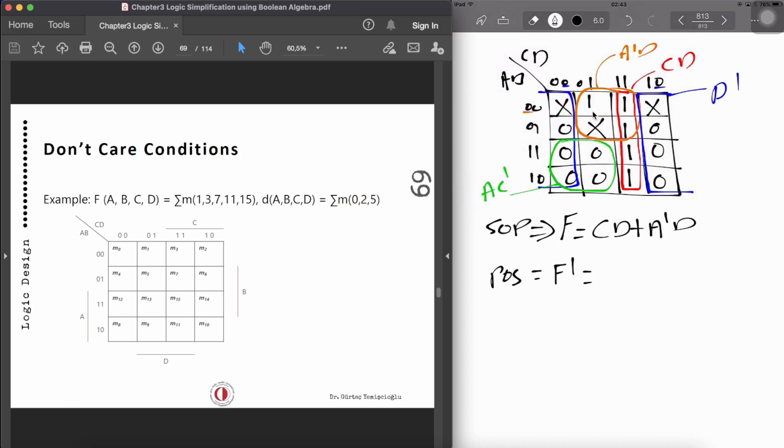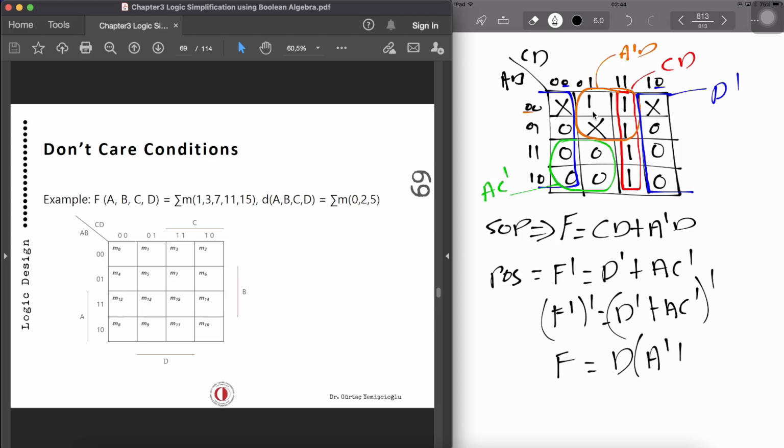So I can say that this is D prime or AC prime, and F prime prime, De Morgan of that, we will end up with F equals D times (A prime plus C), and that's it. So don't cares are similar to the other ones. You just make sure that when you look at it, you decide which ones are going to be ones, which ones are going to be zeros.